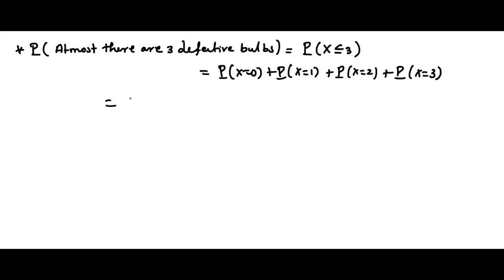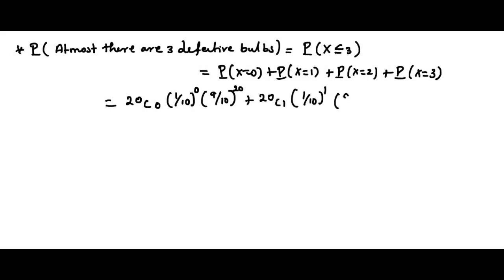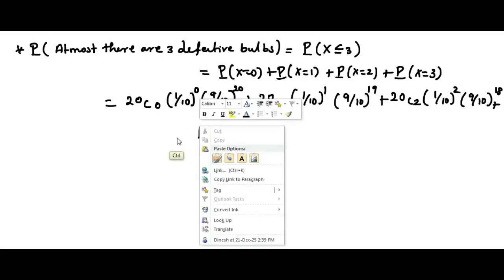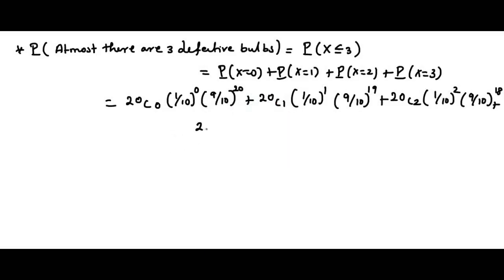What is the probability of x equal to 0? That is 20C0, 1 by 10 power 0, 9 by 10 power 20 minus 0, plus the second one, 20C1, 1 by 10 power 1, 9 by 10 power 20 minus 1, plus the third one, 20C2, 1 by 10 power 2, 9 by 10 power 18, plus the last one, 20C3, 1 by 10 power 3, 9 by 10 power 20 minus 3, that is 17.